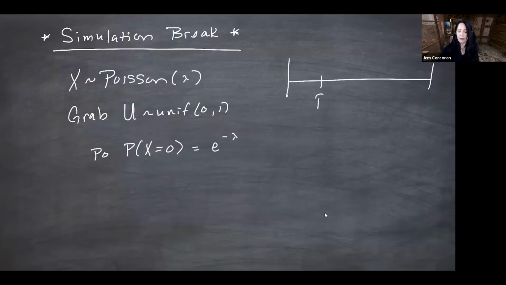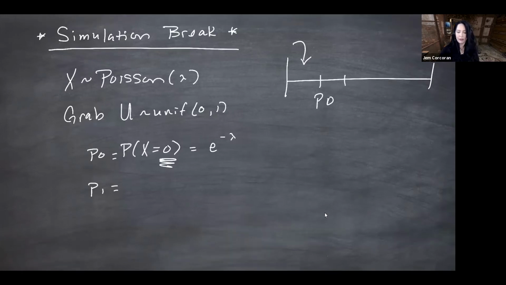So I would put P0 down here and say, is U in there? If yes, great, assign the value 0. If not, I would add on the next probability, and that would be P0 plus P1. Is it in there? No. If it is, great. If not, add on another one. And so the point is you don't have to obviously lay out all of the intervals because there's an infinite number of them here. So you can just kind of recursively check. But that's not the point of today's simulation break.